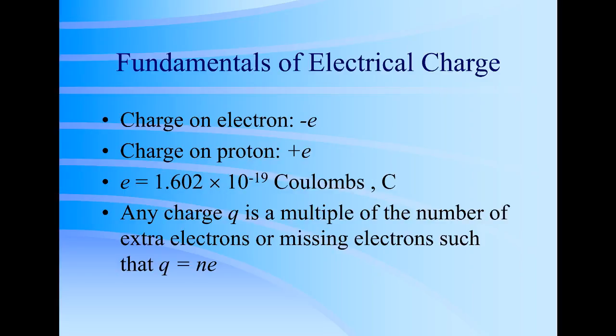One thing to point out is that a charge Q is a multiple of the number of extra electrons or missing electrons, and we can use the equation Q equals N e. N would therefore be the number of excess or missing electrons.